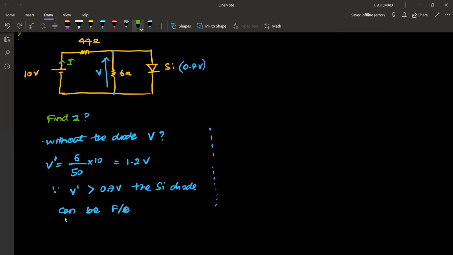I'm not redrawing the circuit, okay? Without the diode, what is V dash? Now let's straight away mark the values because this gets forward biased. When this gets forward biased, only 0.7 volt will get dropped across this.